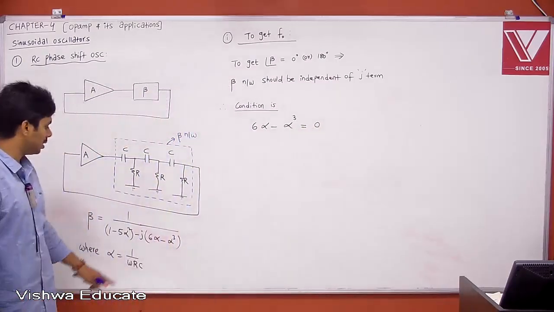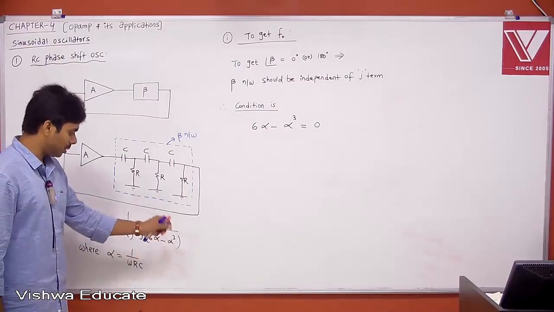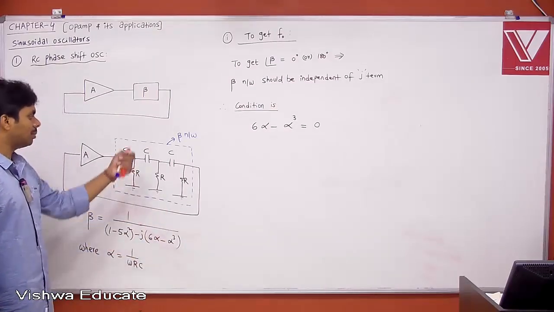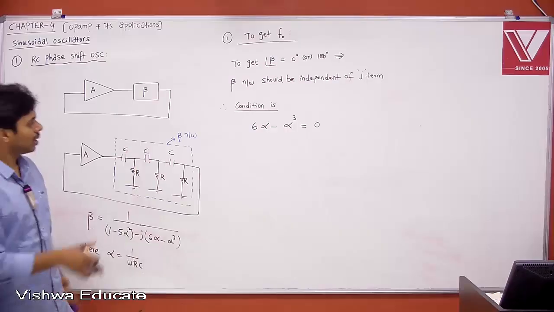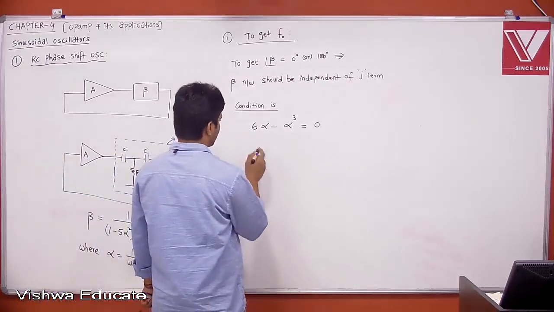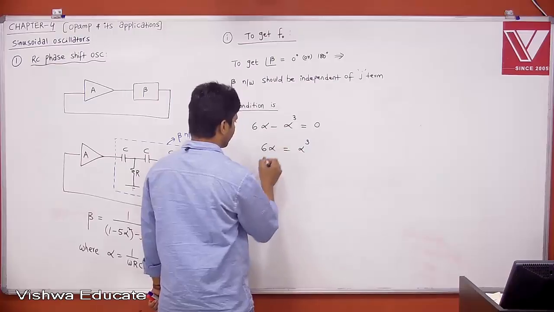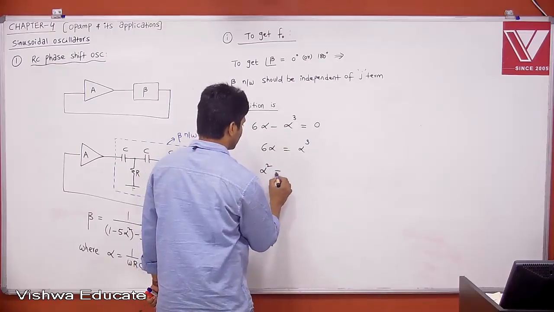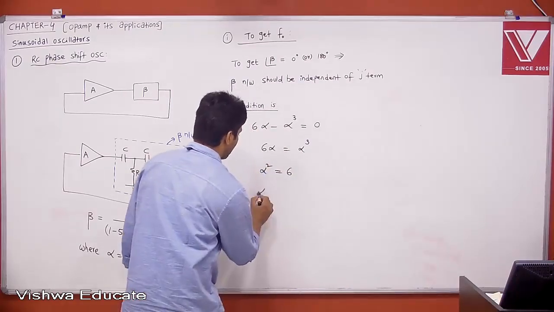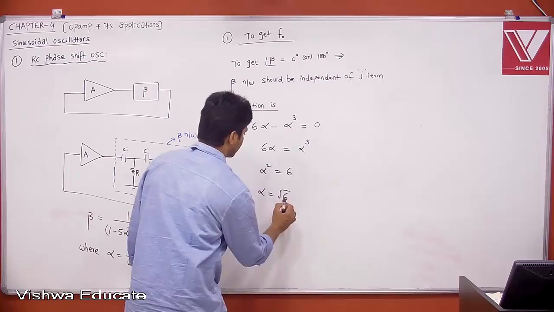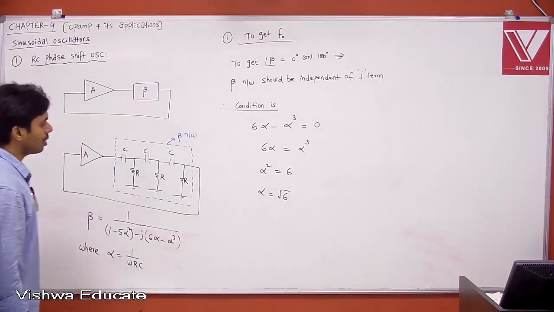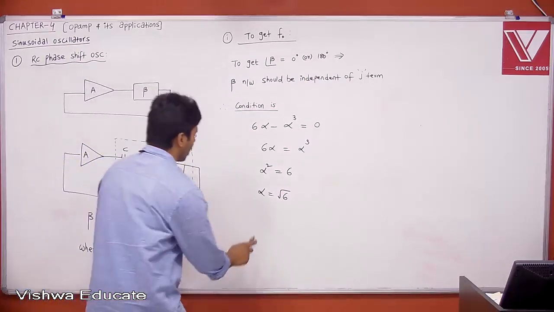For what frequency 6 alpha minus alpha cube is equal to 0, that will be your resonant frequency. Let's see. This is nothing but 6 alpha is equal to alpha cube. Then alpha will be cancelled. Therefore, alpha square is equal to 6. Then alpha is equal to root 6. Alpha is equal to 1 by omega RC.